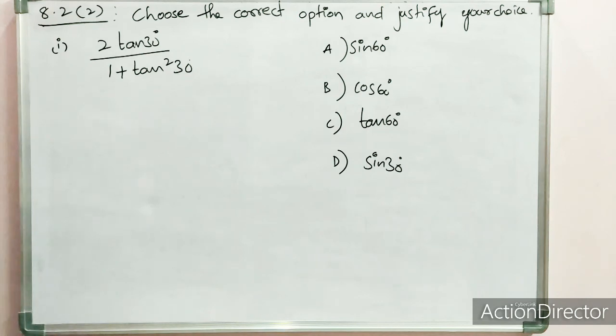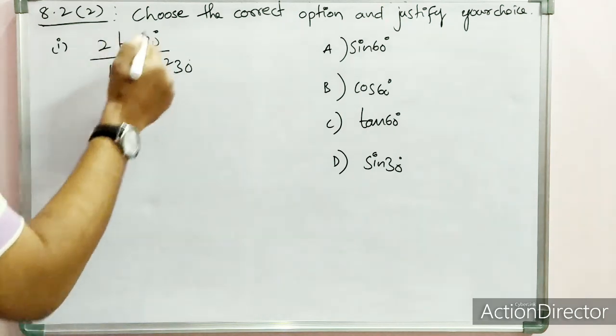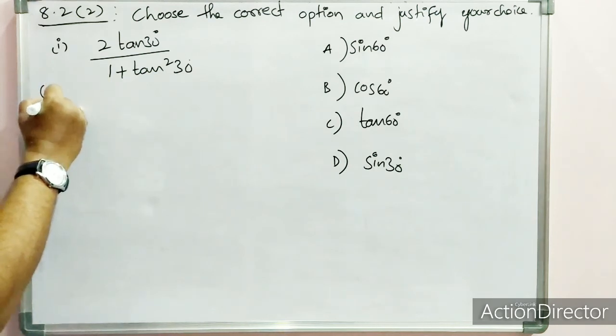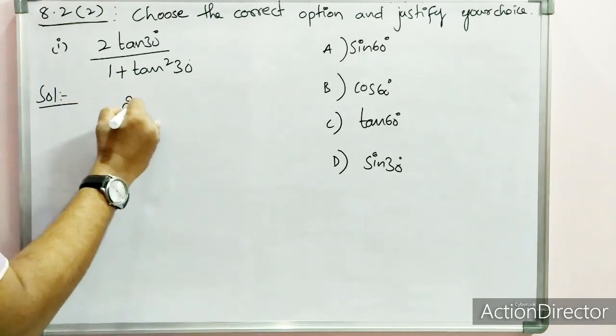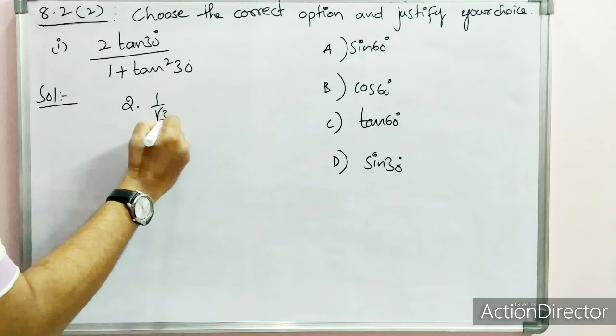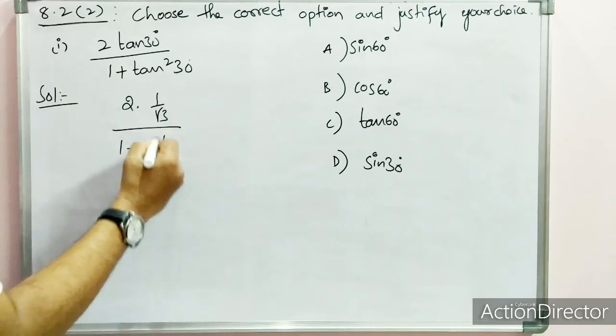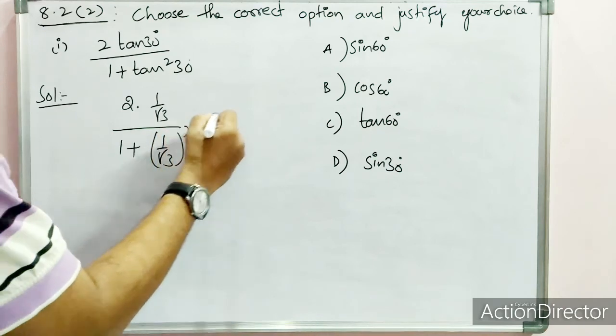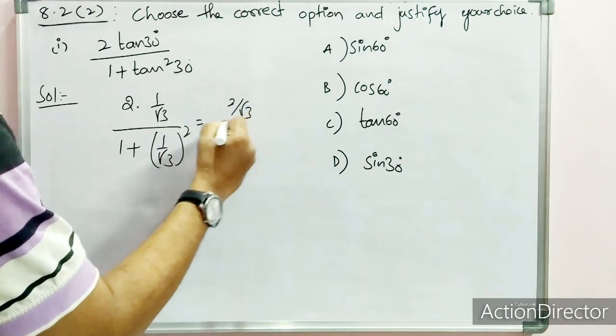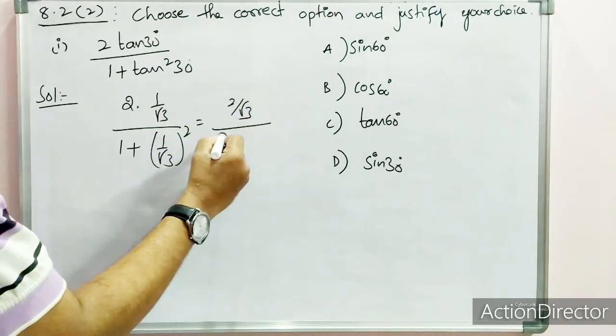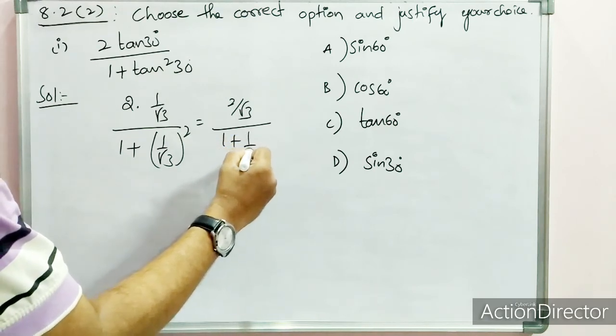Now the question number 2 is choose the correct option and justify your choice. It is given 2 tan 30. Therefore, 2 into tan 30 is 1 by root 3, by 1 plus tan square 30 is again 1 by root 3 whole square. So it will become 2 by root 3 by, this I can write 1 plus 1 by 3.